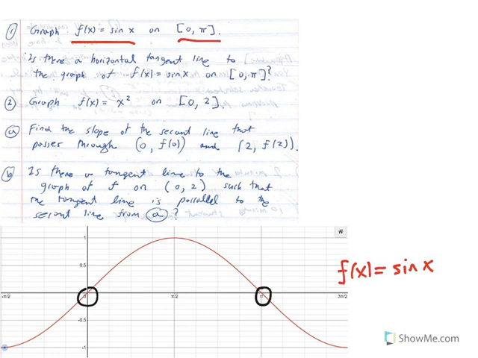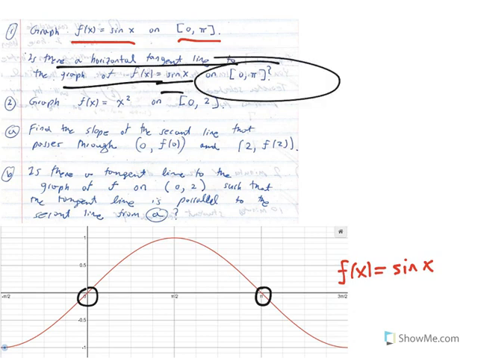Is there a horizontal tangent line to the graph of f of x is equal to sine x somewhere on the interval from 0 to pi? Let's think about that using Desmos, and then we'll come back to our discussion here.